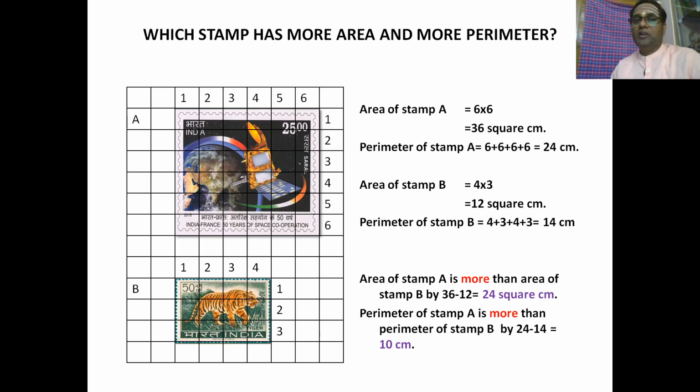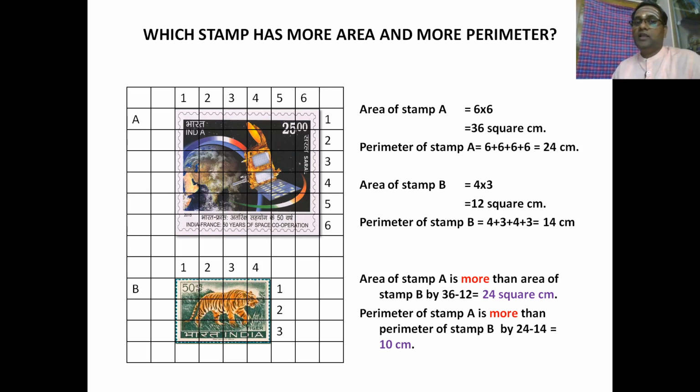Now we shall know which stamp has more area and more perimeter. See, I have given two stamps, stamp A and stamp B. Now for the area of stamp A, again we shall count the number of boxes in one row. 1, 2, 3, 4, 5, 6 boxes in one row.